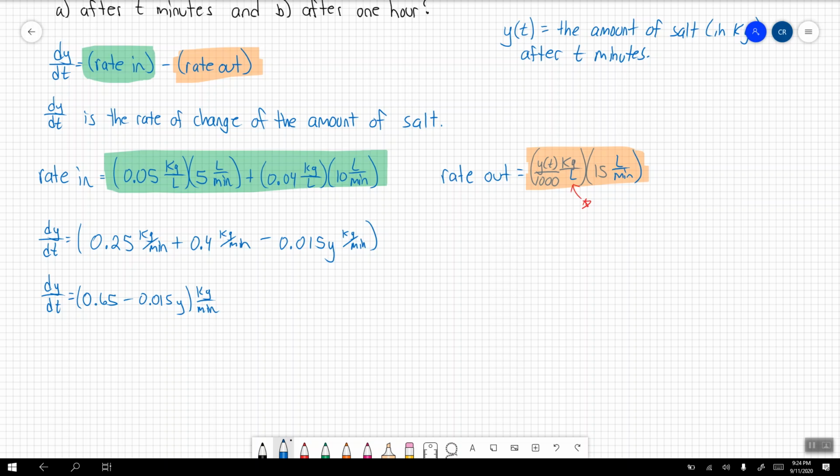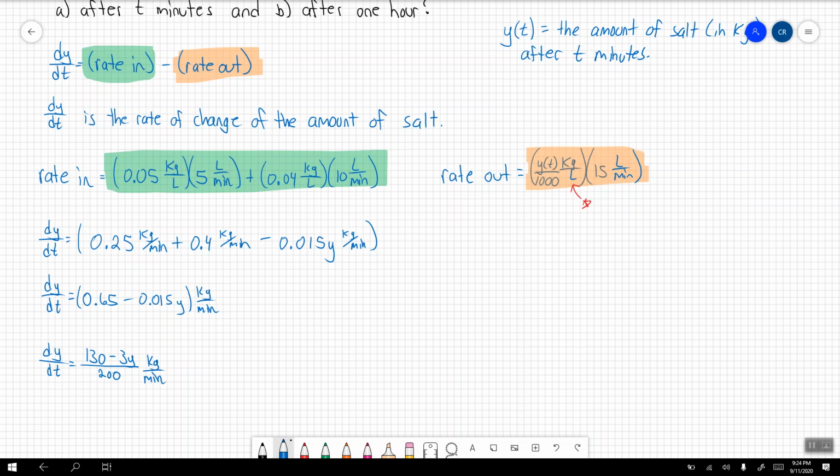I try to integrate with fractions if I can, because it makes things a little bit easier. If we take the fractions, this turns out real nice: the rate of change, dy/dt, is equal to 130 minus 3y, all divided by 200. And again, this is at a rate of kilograms per minute.